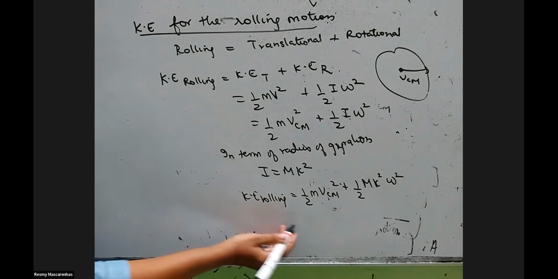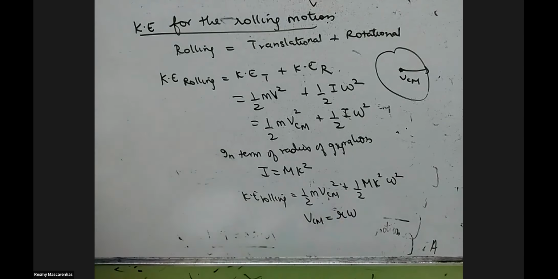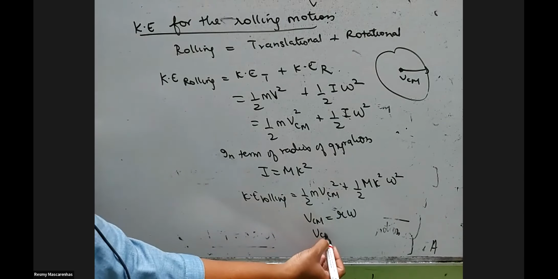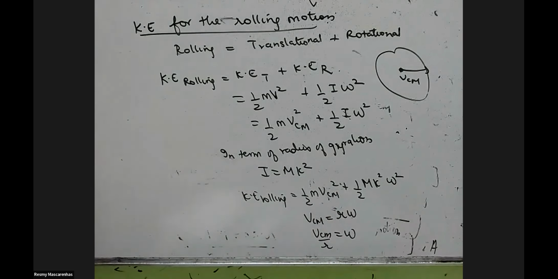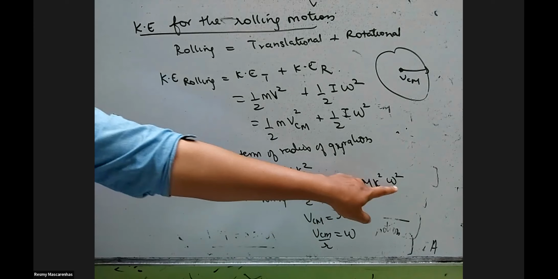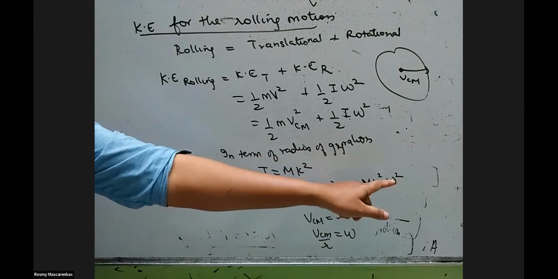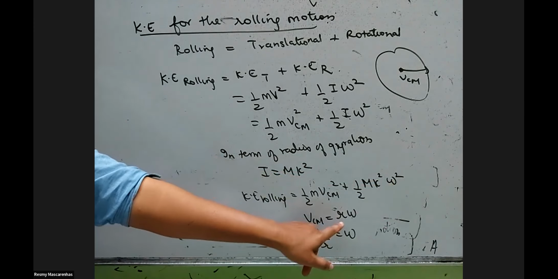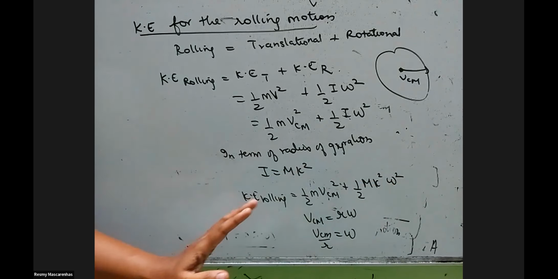Just now we are saying VCM is what? R omega. So what is omega? VCM upon R. One is linear, the other one is rotational. Just in case I want everything in terms of linear only, I don't want this, then I can use this relation. This is the relation between linear and rotational motion velocity.